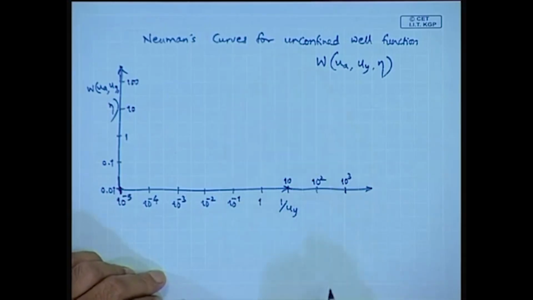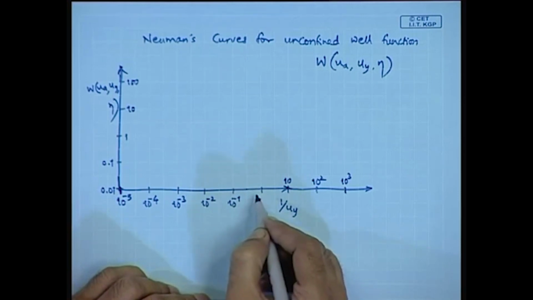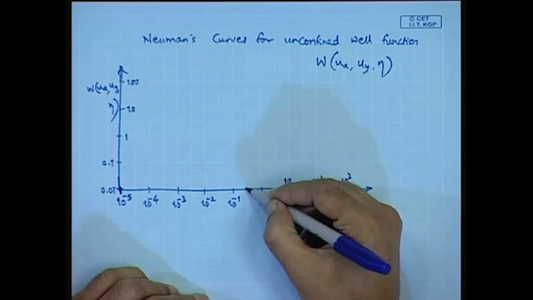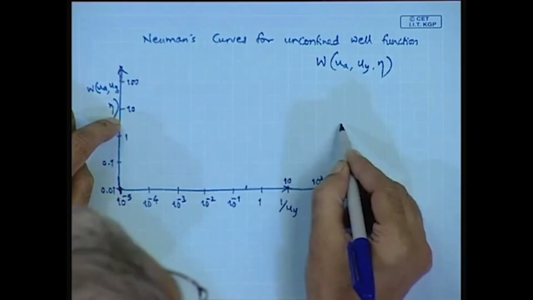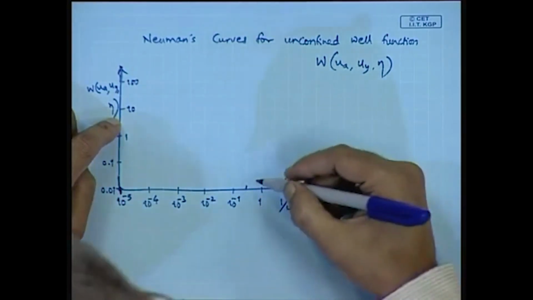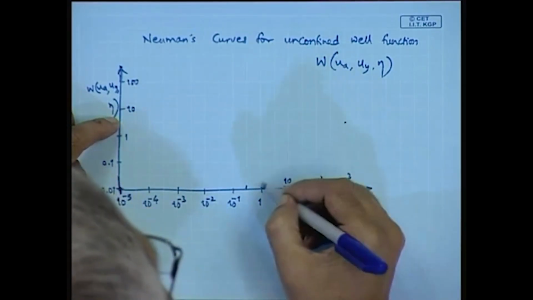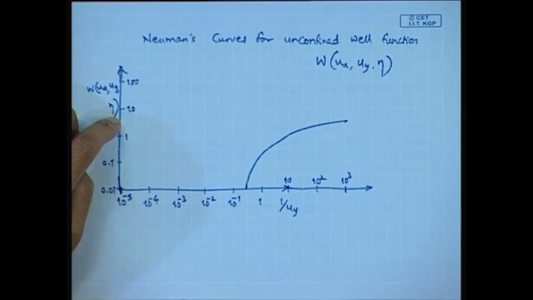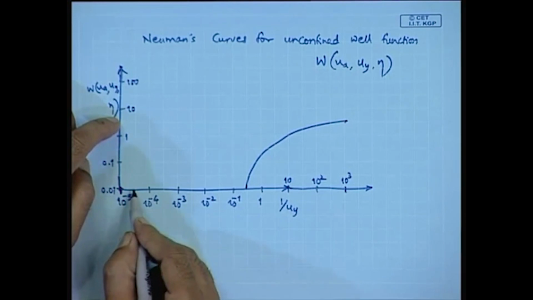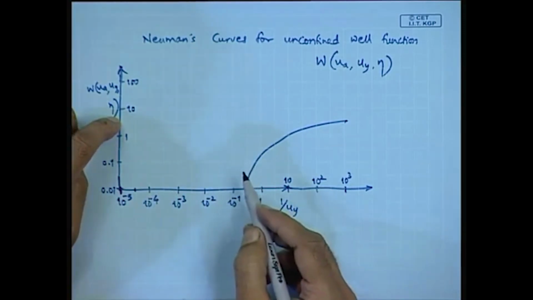And here what happens is, somewhere between 10 to the power minus 1 and 1, this is the curve, it goes up to 1, and then similarly somewhere between 10 to the power minus 5 and 10 to the power minus 4, this curve goes up to say a little over 10.